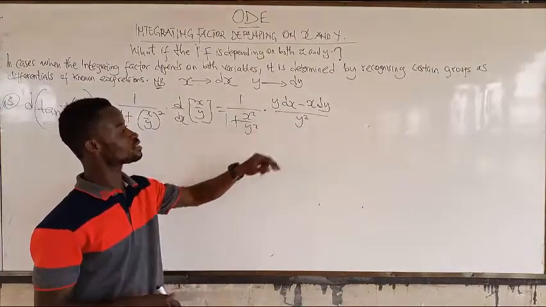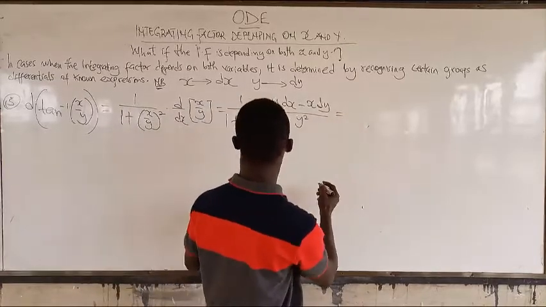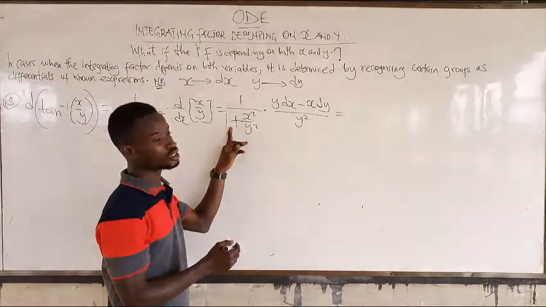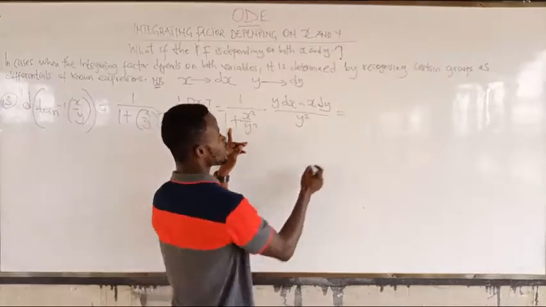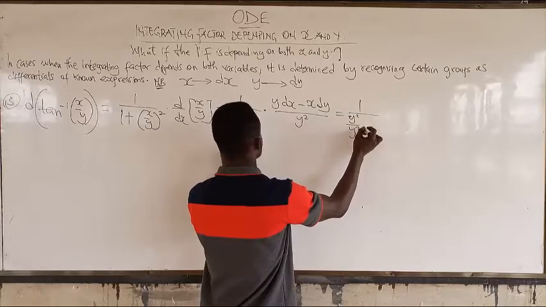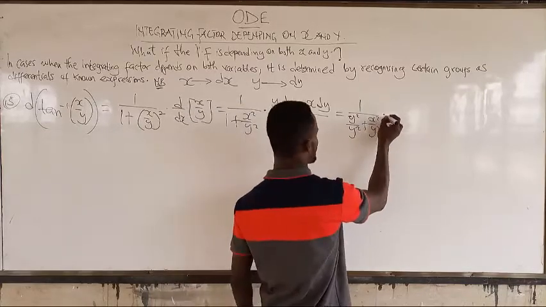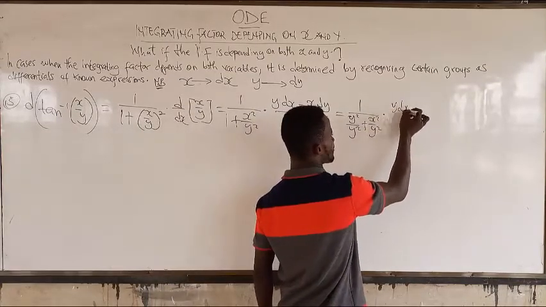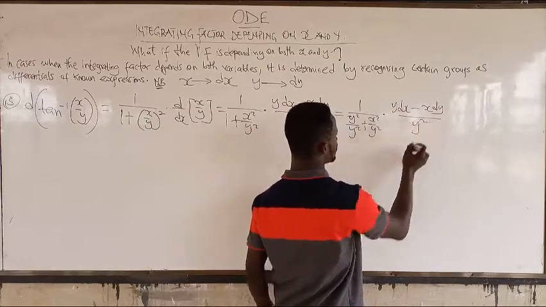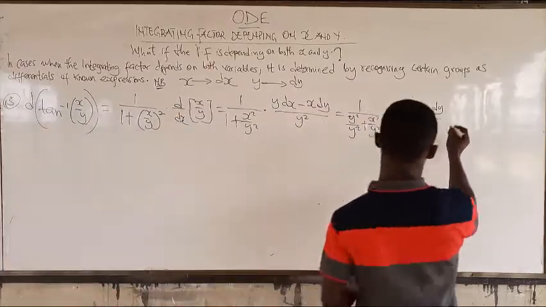What is left is algebra. Here, let's try to achieve the same denominator. So here we get 1 over y squared over y squared plus x squared over y squared, multiplied by the derivative.